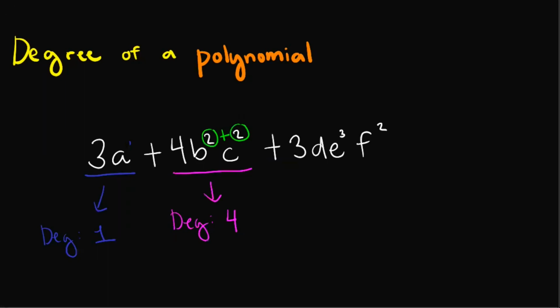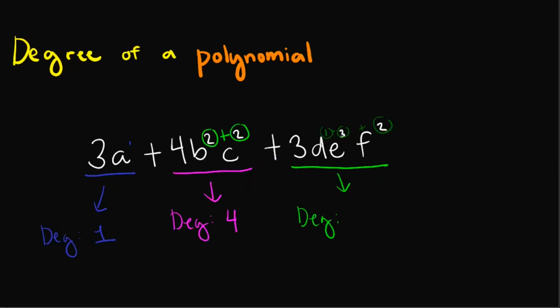And for the last one, we have 3d e raised to 3 and f squared. So what is the degree of this one? Again, we have three variables here. We have d, e, and f. For d, since it's not written, we know that it has an exponent of 1. Then we add the exponents of the variables. So we have 1 plus 3 plus 2.